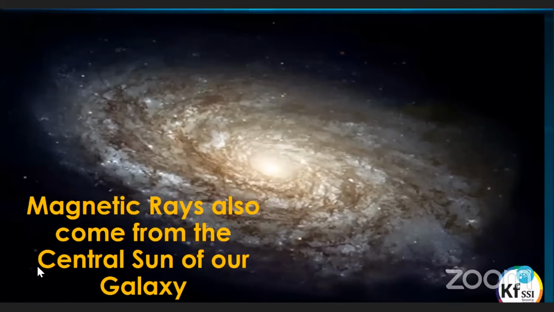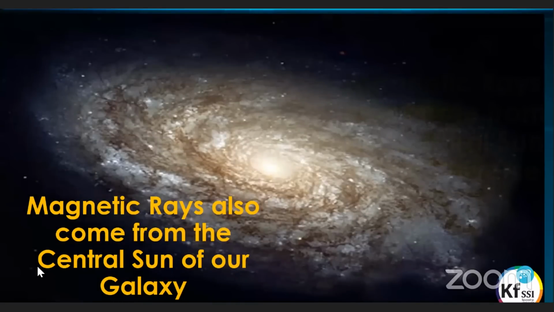These rays also come from the central sun of our galaxy and our universe.